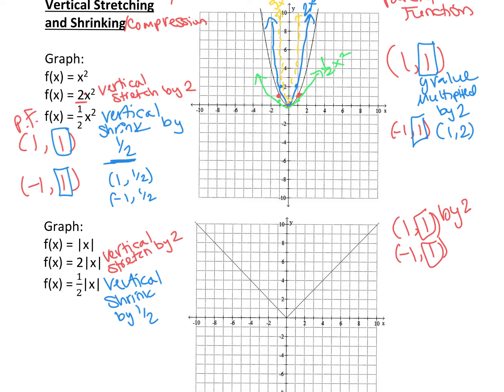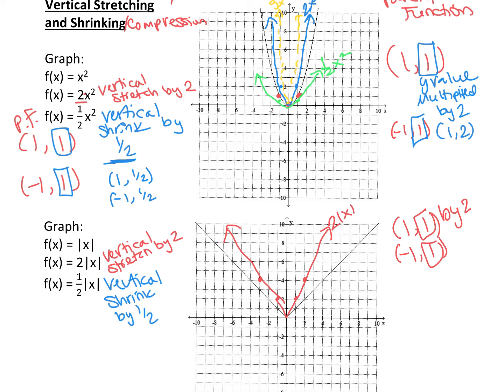So I would have ordered pairs at (1, 2), (-1, 2), and so on. We could do that for all of these ordered pairs. And what ends up happening is we get this graph that is narrow. It's more narrow. So this would be 2 absolute value of x.